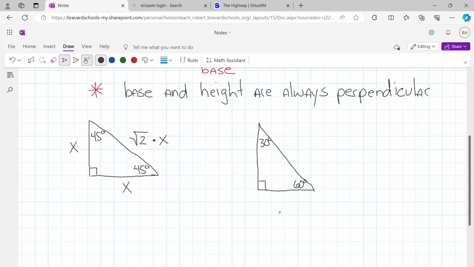If this short leg was equal to x, then the hypotenuse was twice the length of that short leg, so the hypotenuse is 2 times x. And the long leg was equal to the square root of 3 times x. So you can use those rules in any right triangle where you need to find the height of these parallelograms.